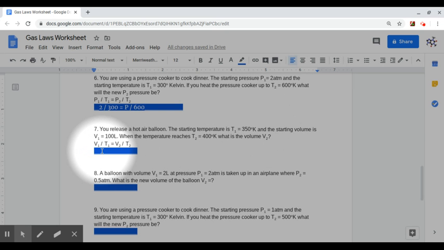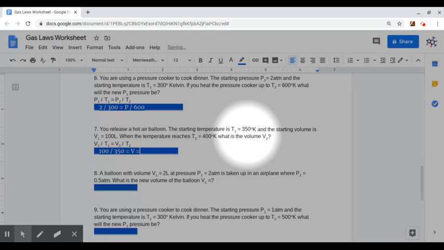So you're just plugging in the numbers: V1, 100, divided by T1, which is 350, equals V2, which we'll leave as V, divided by the second temperature, which is 400. Again, I'll leave it to you to do the algebra.